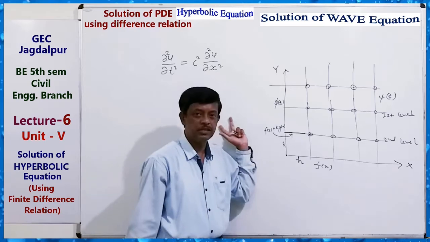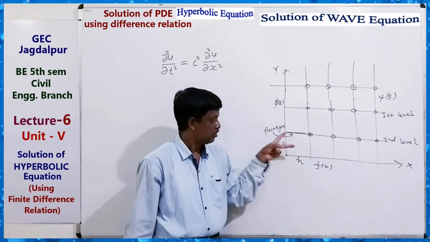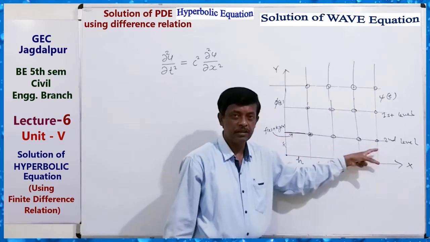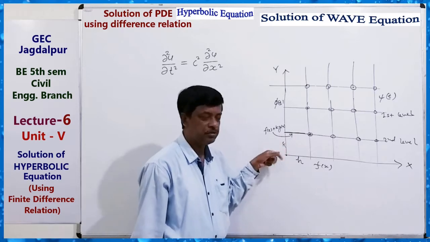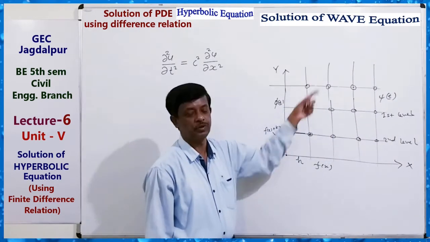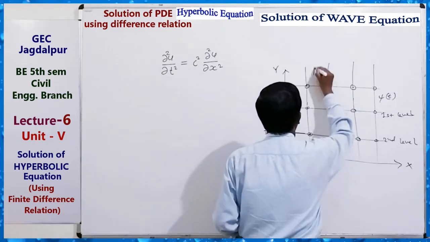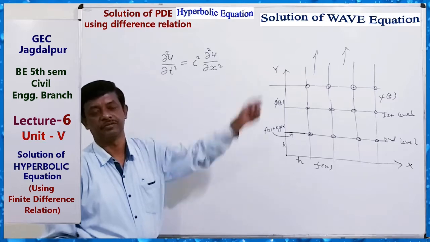Two initial conditions are given, so at this level and at this level these values are known. By using these values, we can get values at this mesh point and then at this mesh point, and you can proceed to further steps.